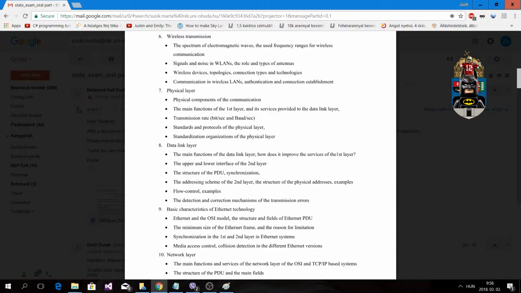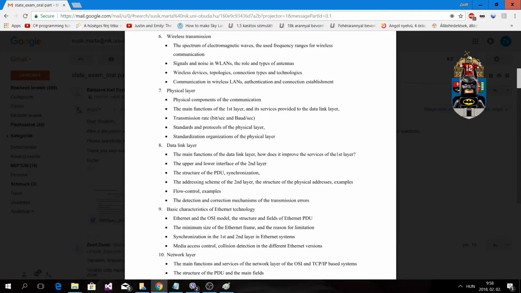That's all about it. The standards and protocols of the physical layer, honestly, I talked about this in the first one, because for the standards we need, for example, connectors and what voltages they are using, and these silly things that we simply need. Protocols, I don't know whether there is any protocol for that.